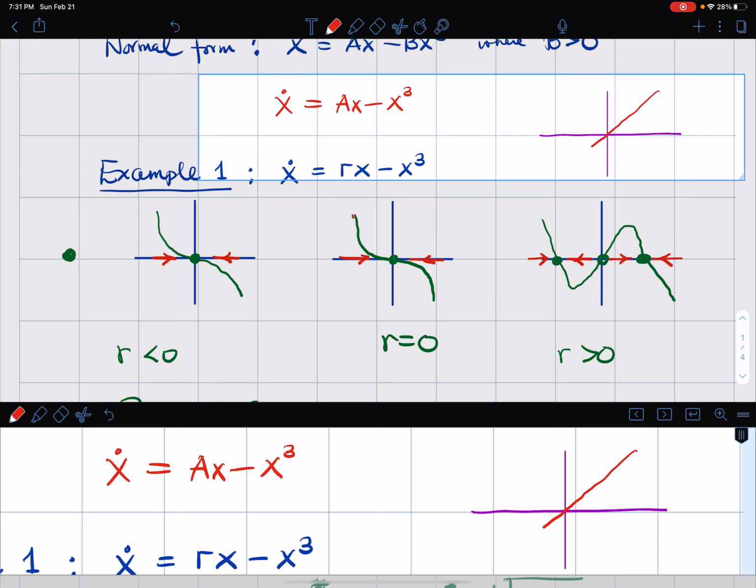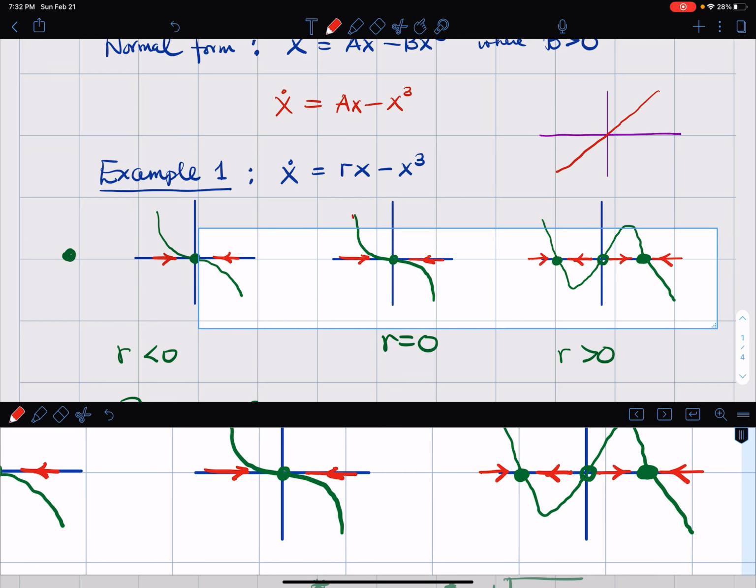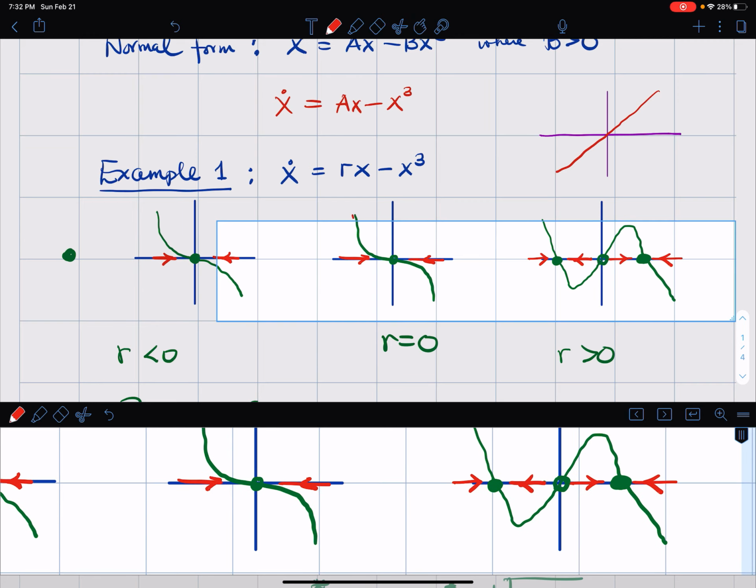So the cubic term allows us to have these two stable fixed points, and allows these two fixed points to move towards each other and coalesce at x equal to 0.